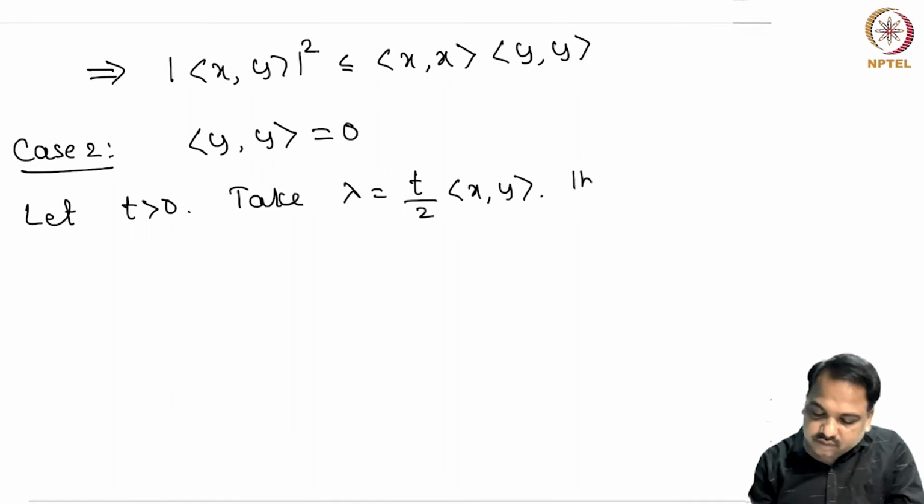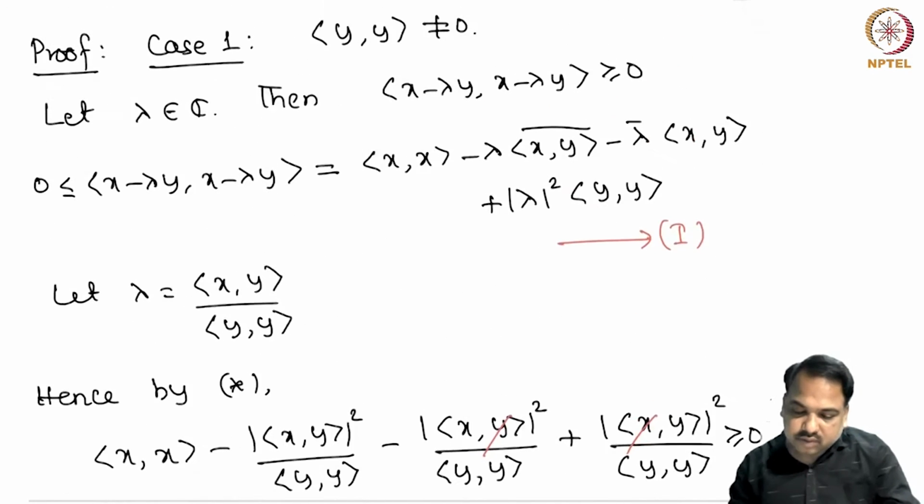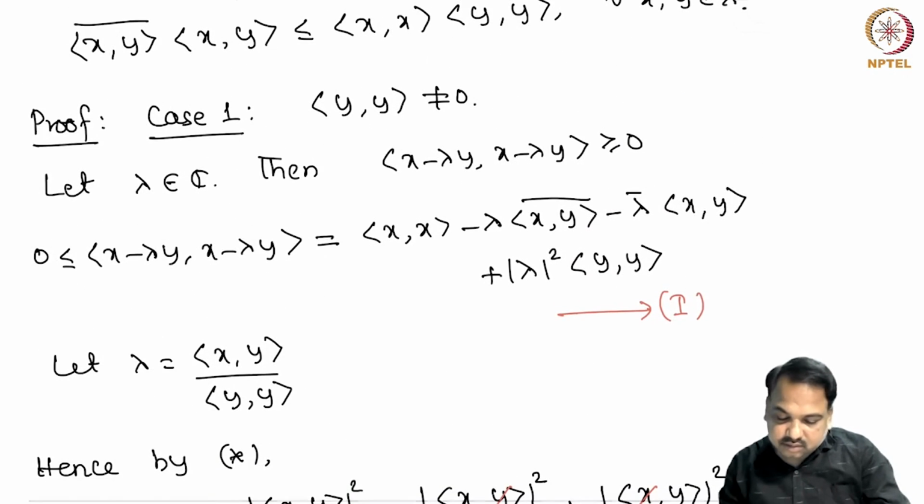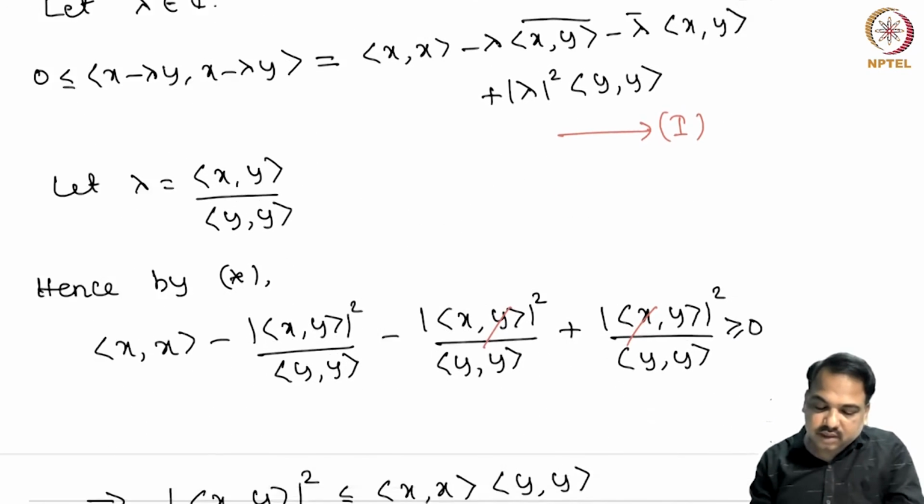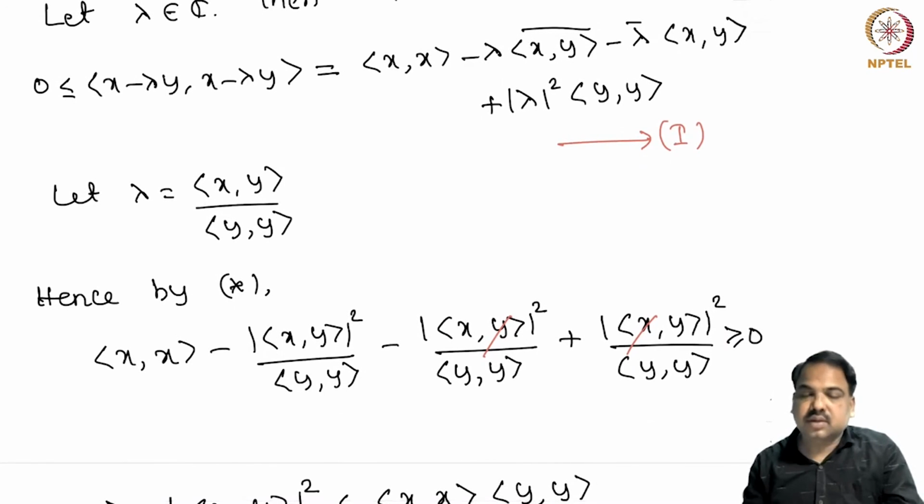Then if you look at equation 1, by 1 we can say that the middle terms will be the modulus of the semi-inner product of x with y, squared. Two such things you will get. And anyway, the last term, the semi-inner product of y with itself, is 0.